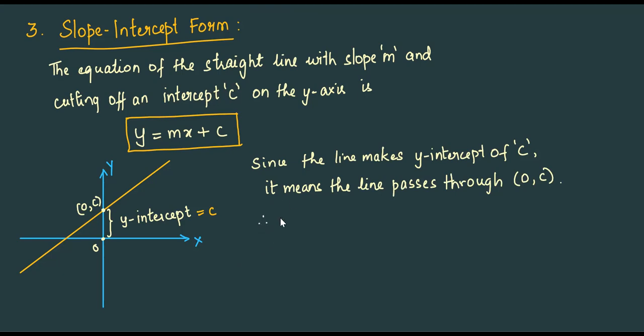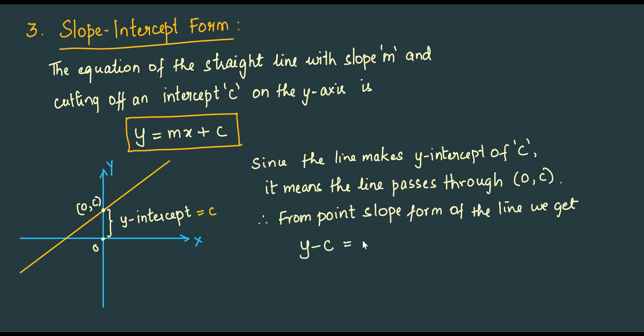Therefore, from the point slope form of the line, we get y minus c is equal to m into x minus 0.